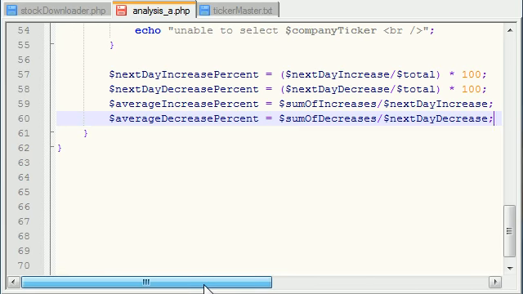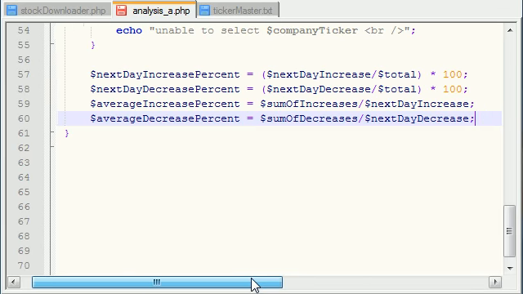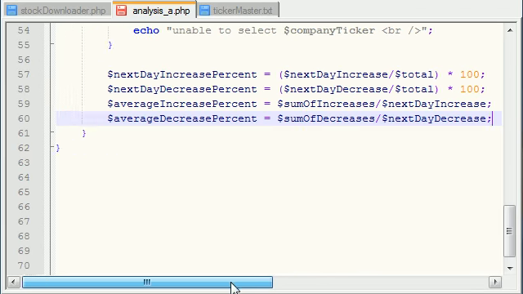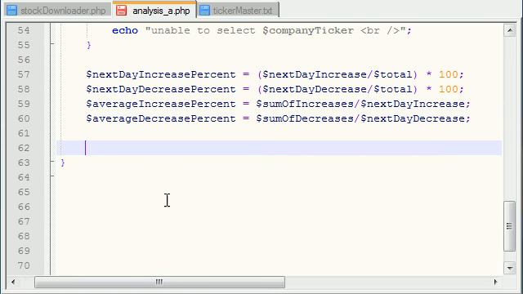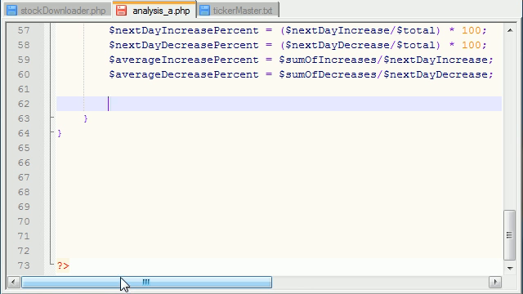Now that we have all that taken care of, we pretty much have everything we need. In the next video, I'm going to take this and insert all of our results into a table, because we could just echo it out in an HTML file or something.